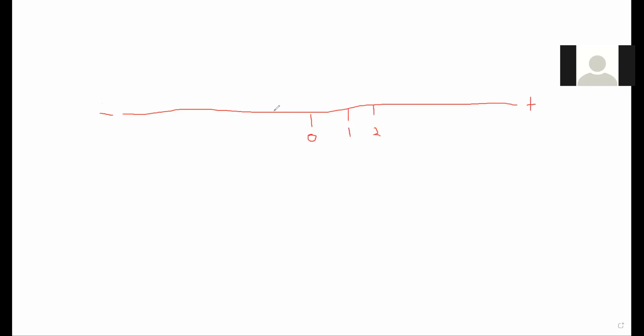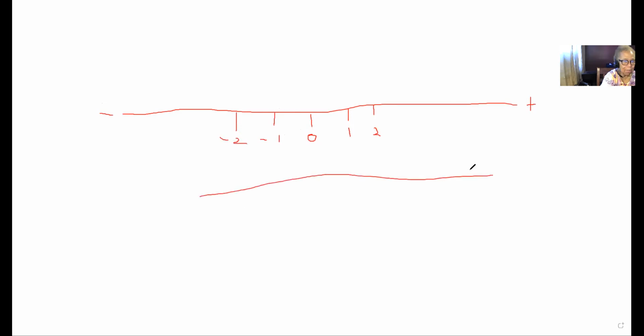This is minus 1, minus 2, right? Now, in this direction it's increasing. Notice we're going from left to right. That's increase. If we go this way, that's decrease.